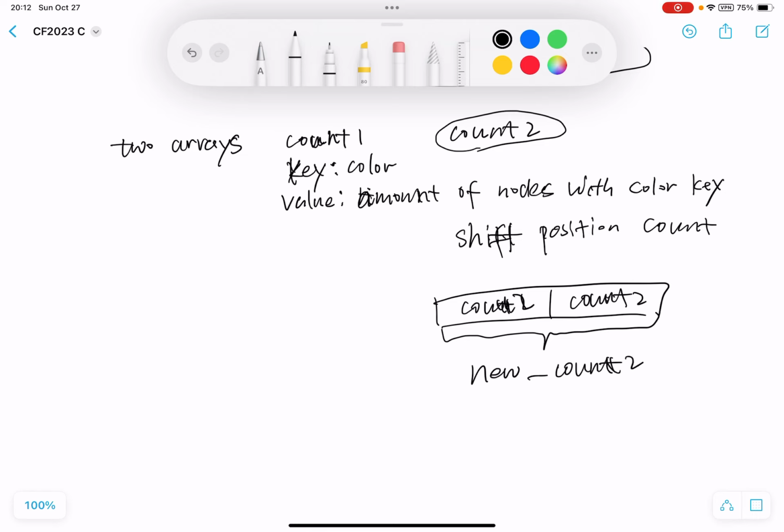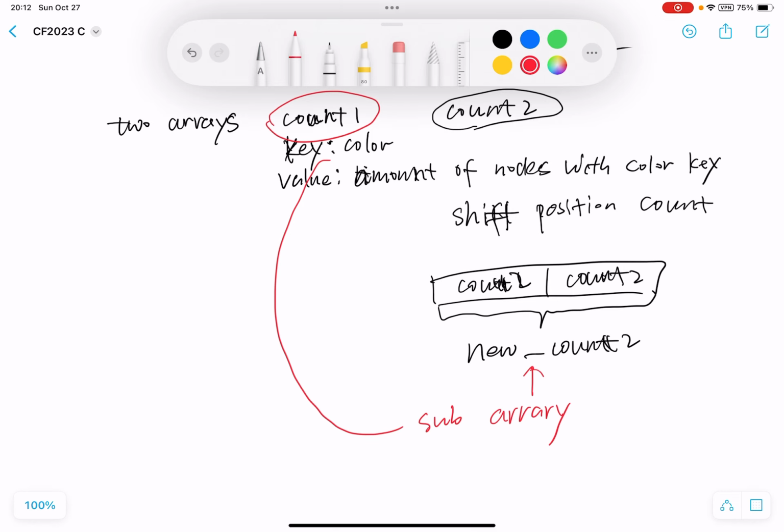We can check if the count 1 is a sub-array of the new count 2. If count 1 is a sub-array of new count 2, that means after we shift several positions for the count 2, the count 2 will be exactly the same with count 1.